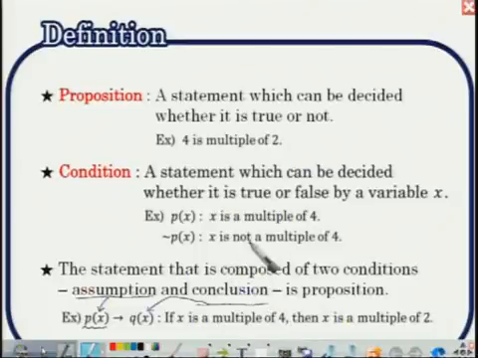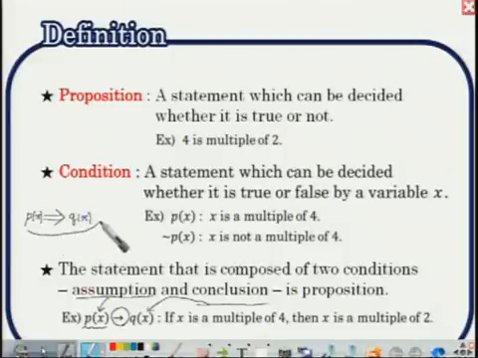Let me tell you something. This single dash arrow is just the original one, which tells the relationship of p(x) and q(x). But when you write this double dash arrow, it means that the left side p(x) and right side q(x) form a true proposition.